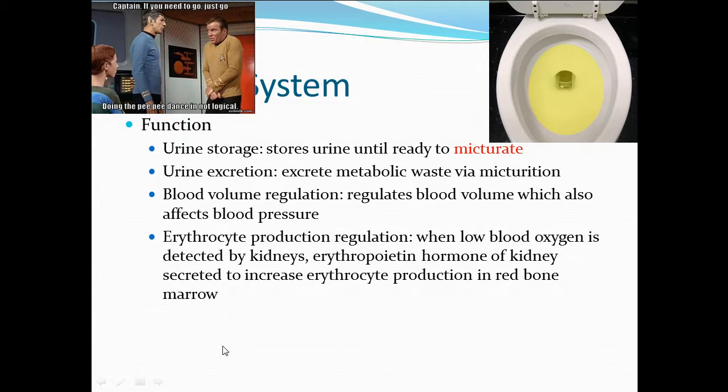And what is the hormone produced by the kidneys to cause erythropoiesis? Erythropoietin, right? This erythropoietin goes to what makes red blood cells? The red bone marrow, right? So it goes to the red bone marrow to make red blood cells.